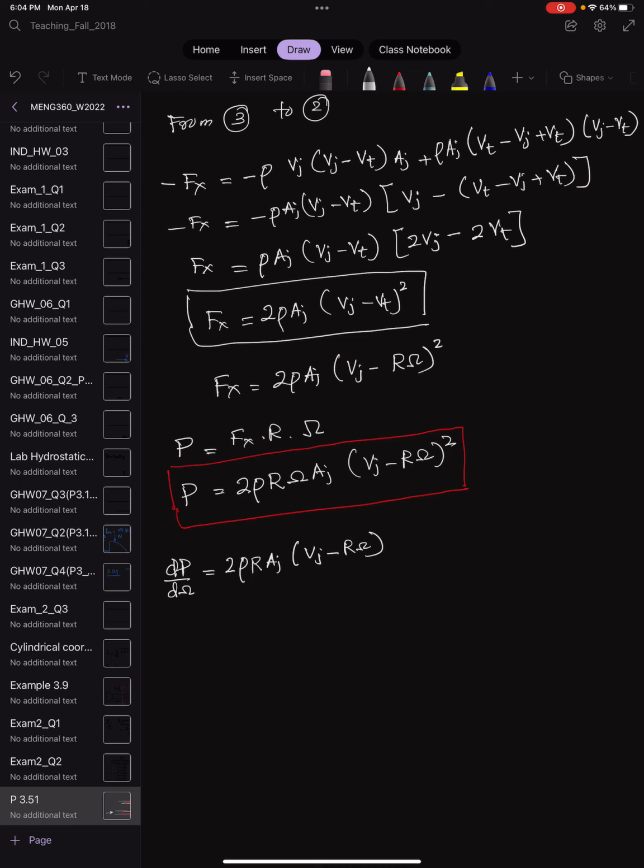It is equal to 1 plus, I take 2 rho r, take omega out, aj, and then if you differentiate this one, this is twice vj minus r omega, and if you integrate this term, it's going to be negative r.